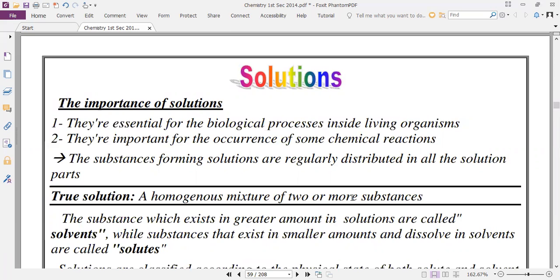So solution can be defined as a homogeneous mixture of two or more substances. So what is meant by solution?